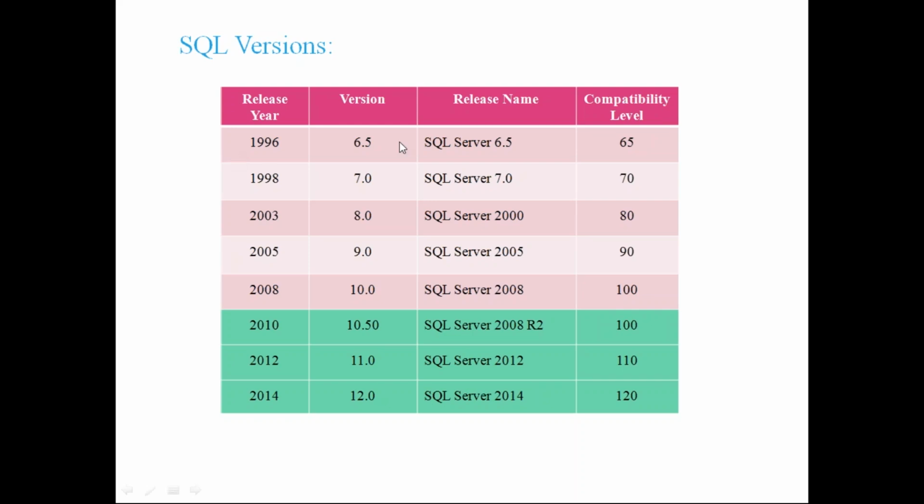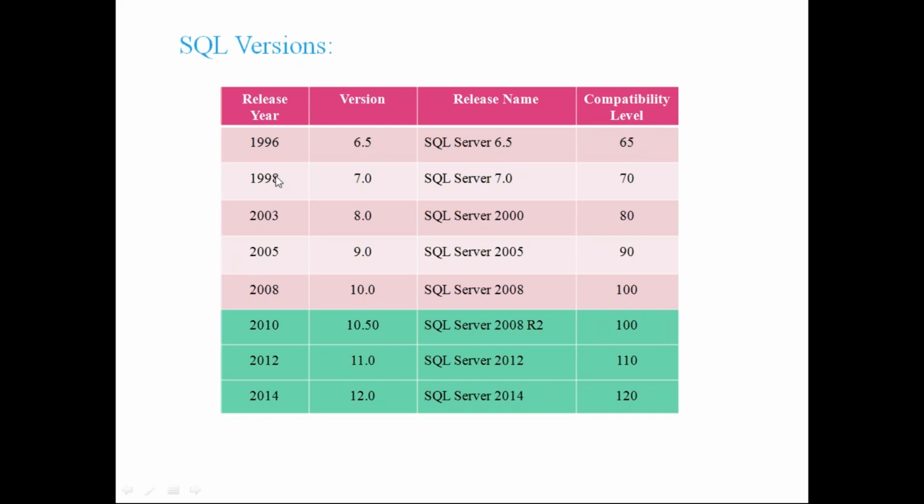In 1996, the first version, SQL Server 6.5, was released, and the compatibility level is 65. So it's pretty easy. If you remember SQL Server 6.5, then the compatibility level is 65.